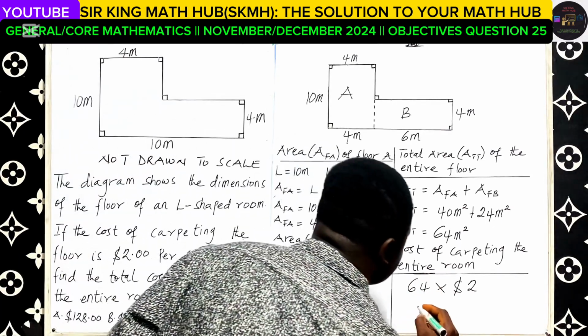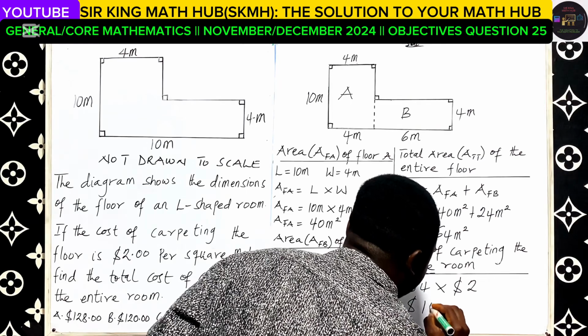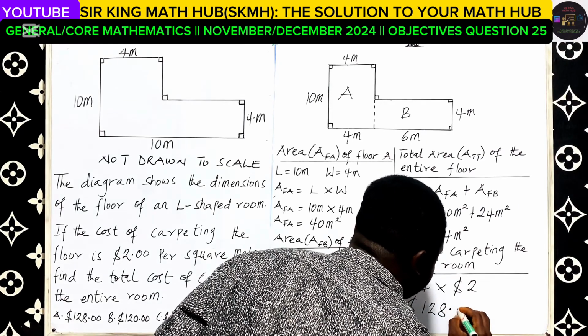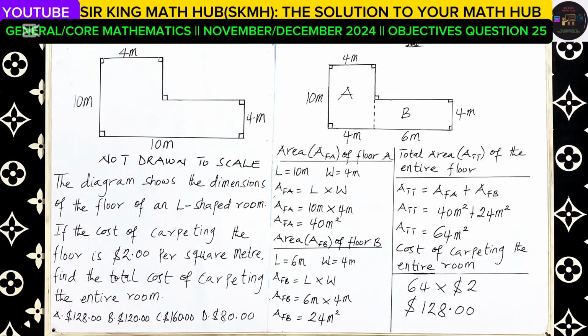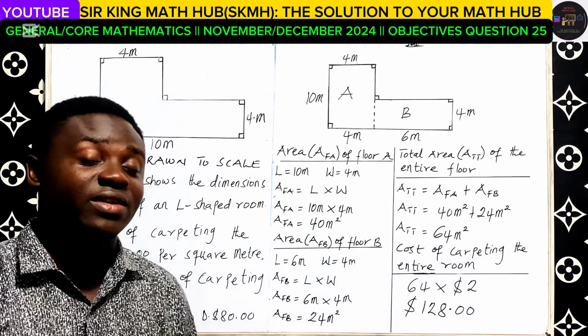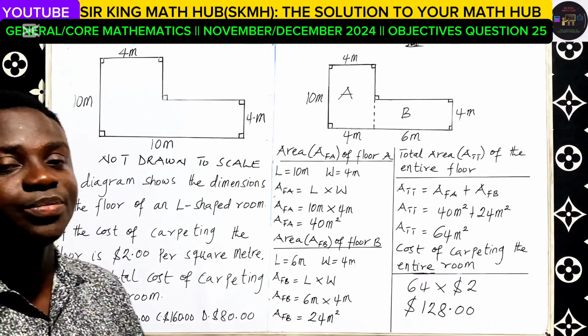This gives us $128. So can you tell us the right answer? Yes, the right answer is option A.